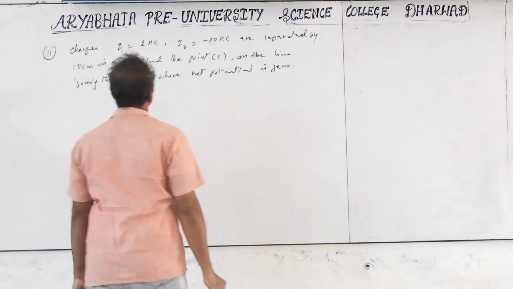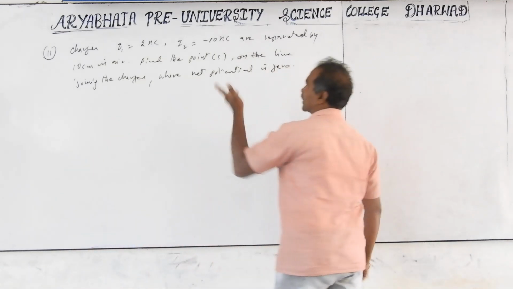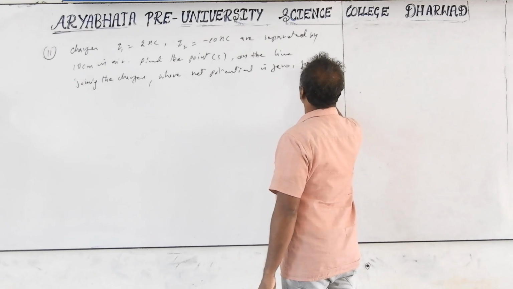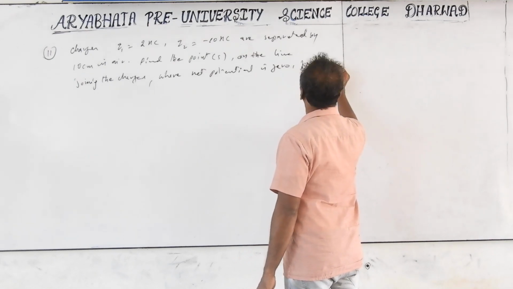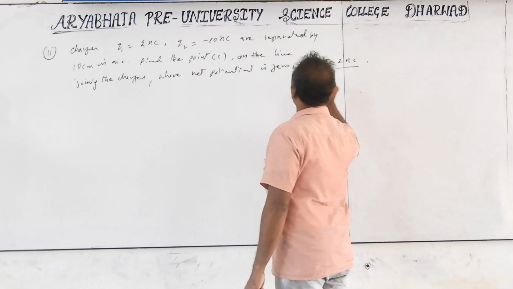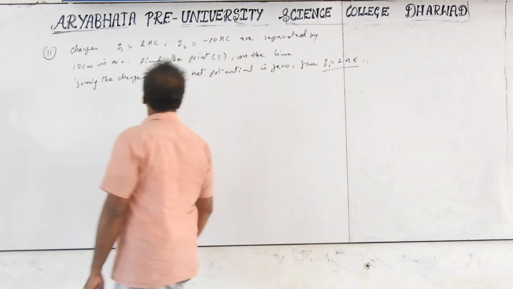They may give the distance from any one charge, here from Q1, 2 nanometers from here. So 2 charges are there.